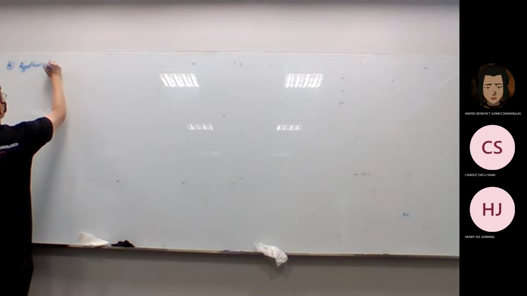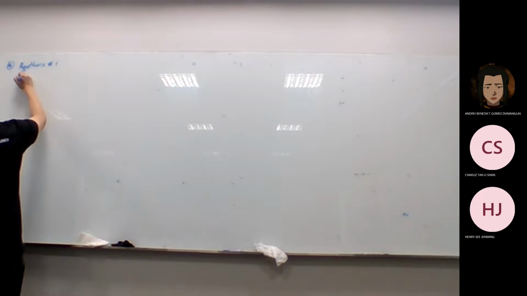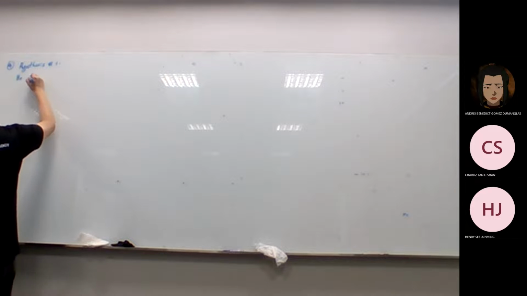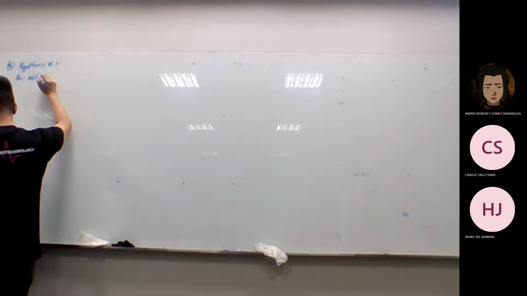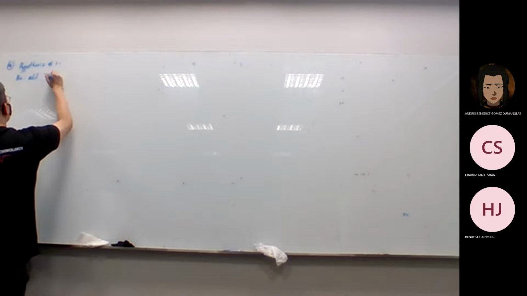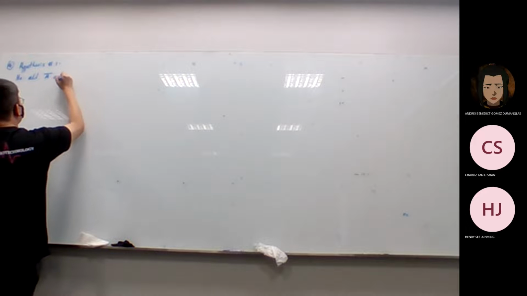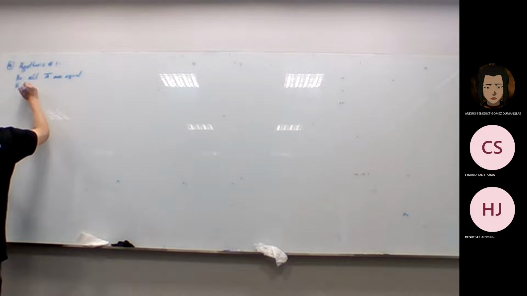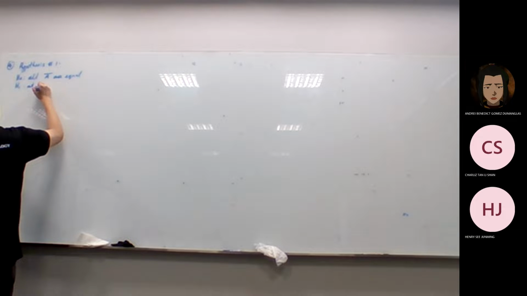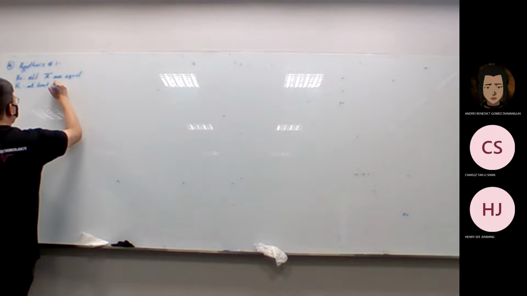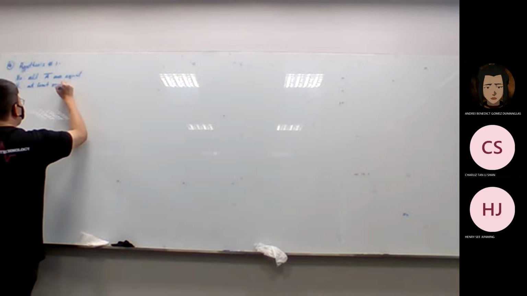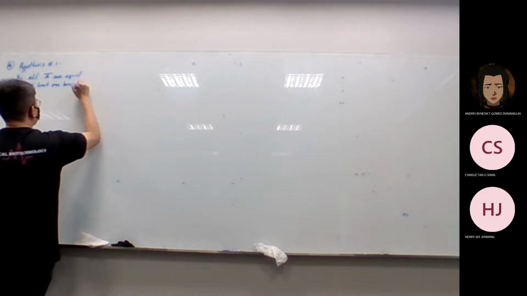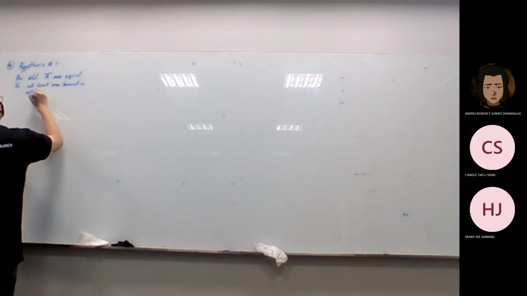Hypothesis 1 asks you for all brands are equal. Alternate hypothesis that at least one brand is not equal.